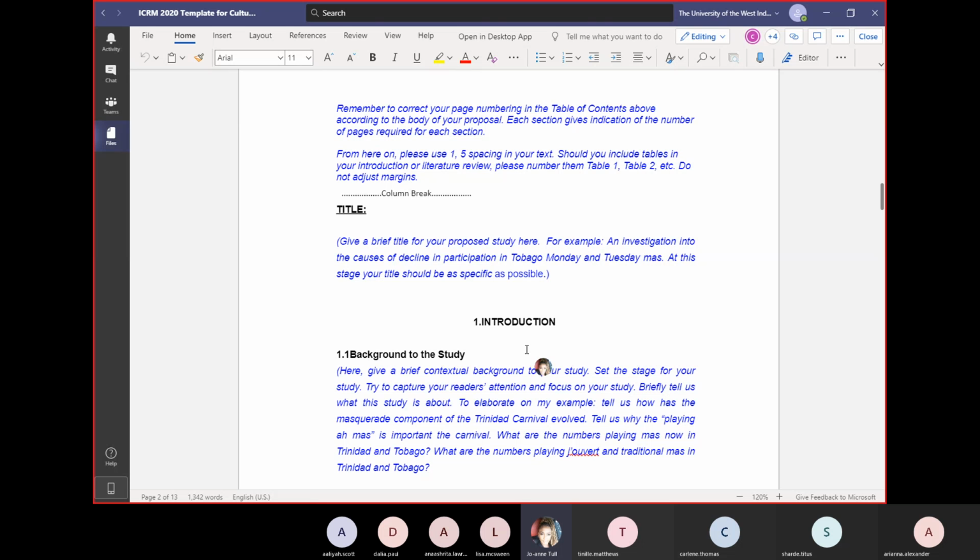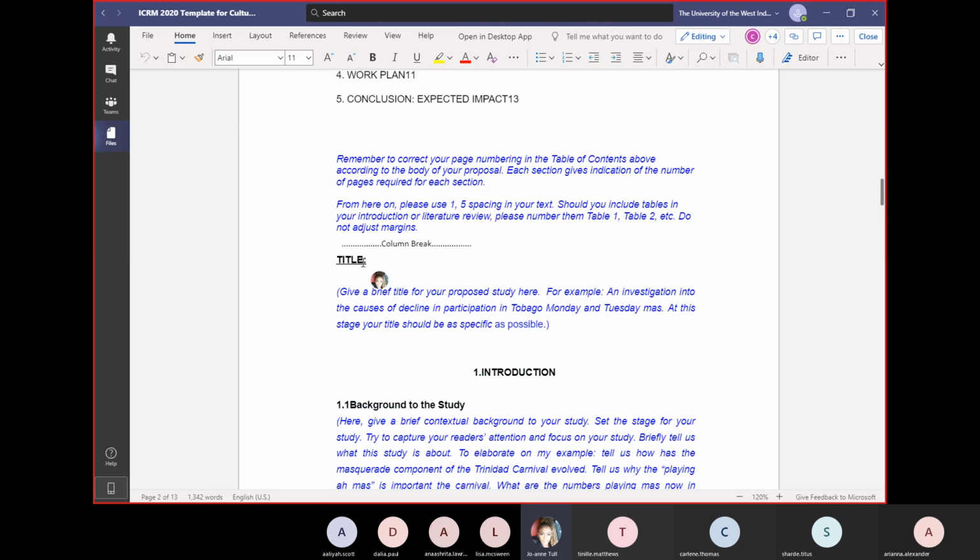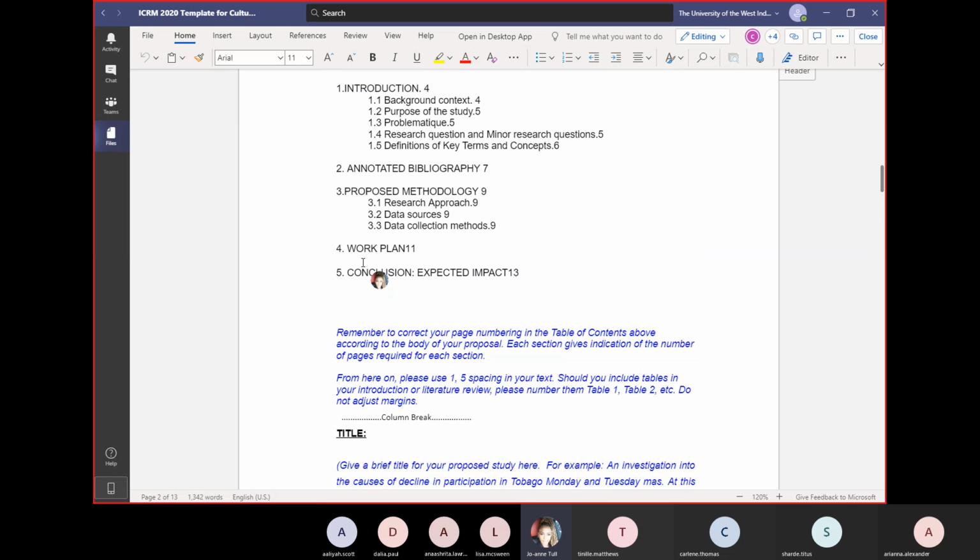All right. So the first is title. Everything in blue basically are your explanations. Let me say this before I go any further. Class, there's something that is not happening here that I need you all to address. Two things: you are being given stuff and you're not reading and you're not reviewing.